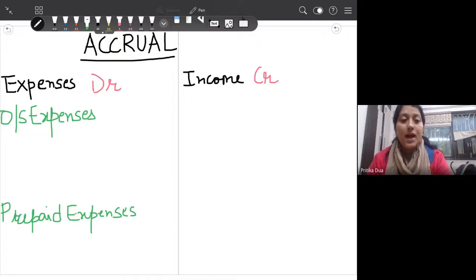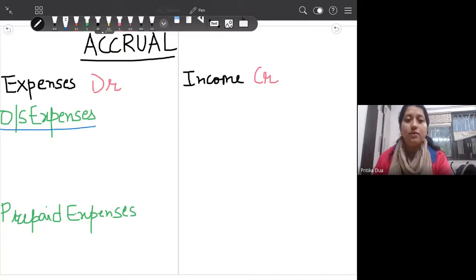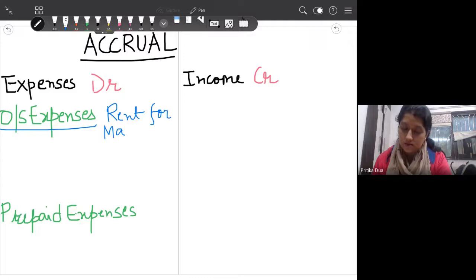Now, at the end of the year, you are preparing the final accounts and you find that the rent for March, say 2021, has not been paid.